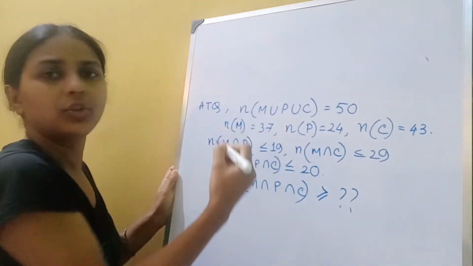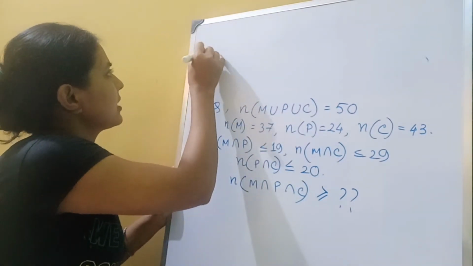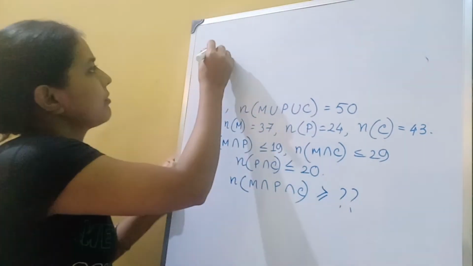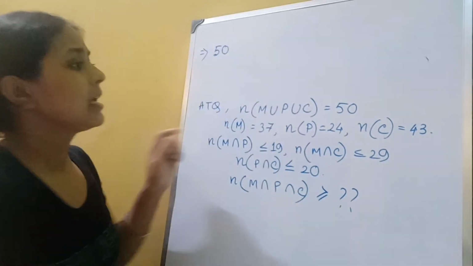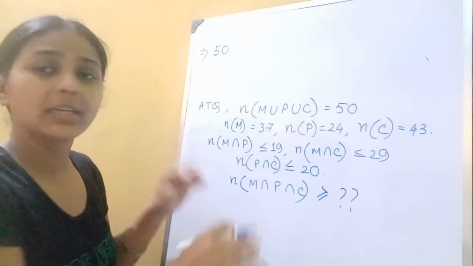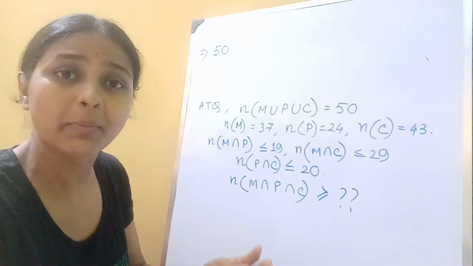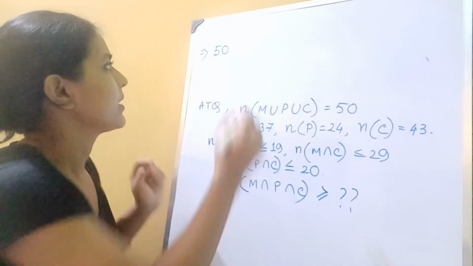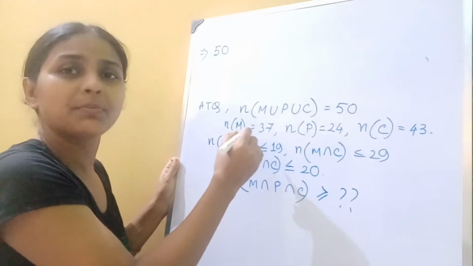The formula is, you all know, I am just writing its values. This one 50. Now I am not giving the equal sign and everything, that I am discussing later. I am just putting the values in place of them.